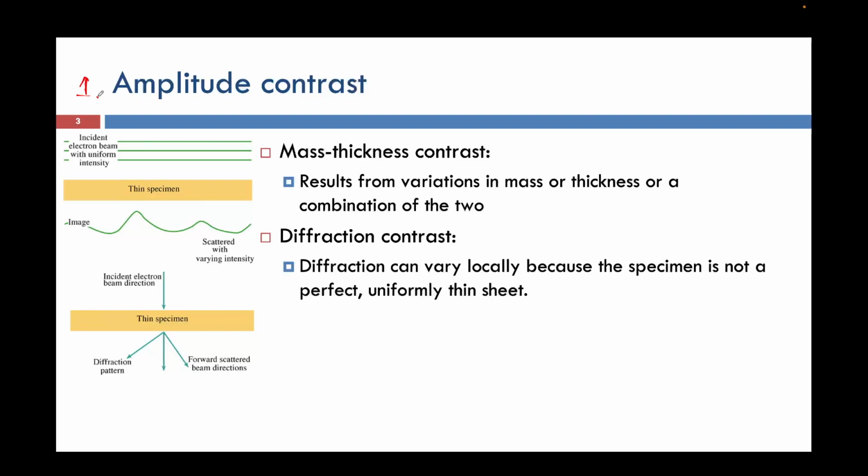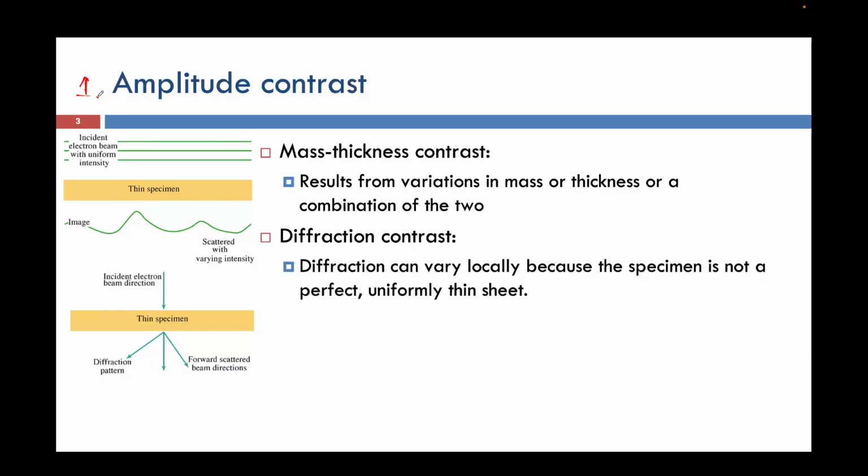So what do we mean by mass thickness contrast? Mass thickness contrast results from variation in mass or thickness or a combination of the two. If either of these happens, then the contrast mechanism changes, and finally we will be able to get the intensity accordingly.